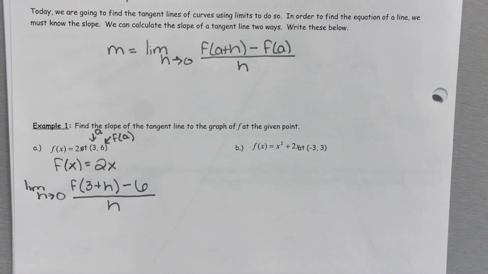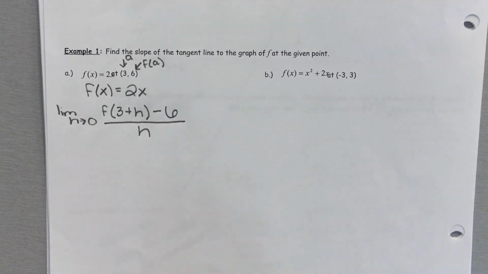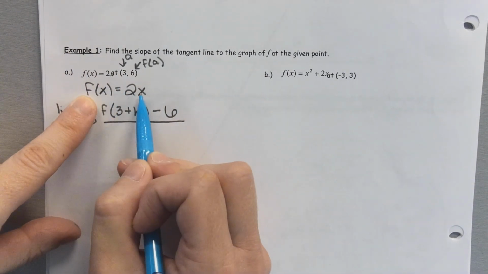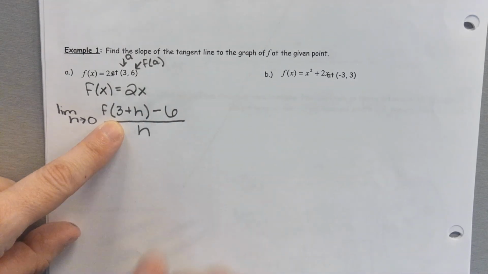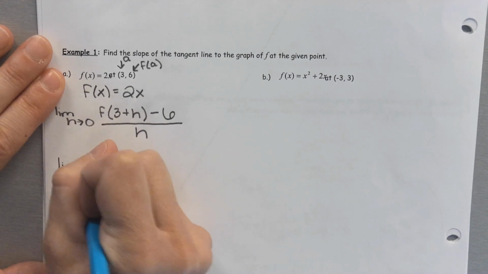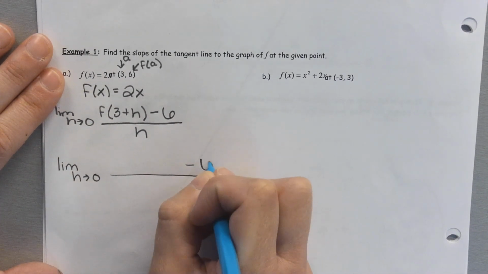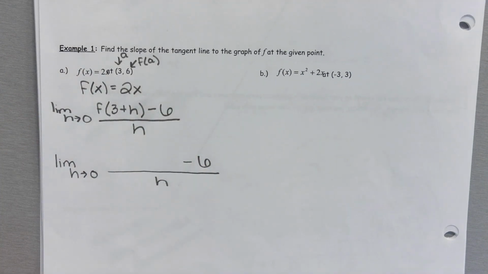Okay, that's step 1. I'm just trying to start plugging some stuff in. All right, so let's think about f of x for a minute. Instead of f of x, which is 2x, I want to plug in now 3 plus h. So the limit as h approaches 0. None of this other stuff is going to change for a minute. The minus 6 and the h I'm going to leave.